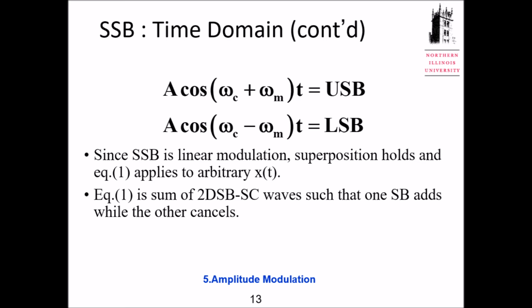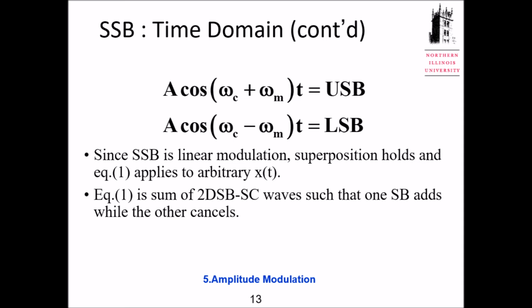So here, when my message is a sinusoid, we prove we can get upper and lower sideband. Since the entire transformation is linear modulation, the conclusion holds for other signals, not only for sinusoids.